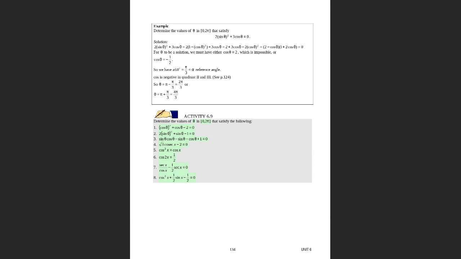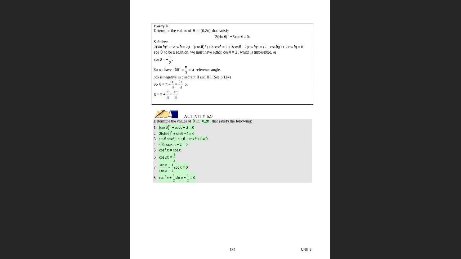Now, we are going to look at this one too, which is the same thing. Here we have 2 sine squared theta whole square plus 3 cos theta equal to 0.